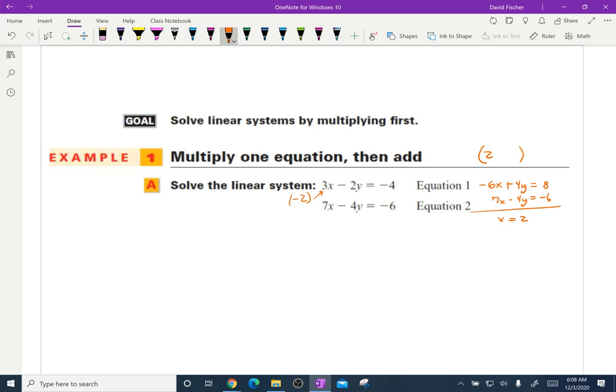So now let's go in and plug it in. Again, it doesn't matter which one you plug the 2 in. You just have to put it into the equation correctly. So I'm going to do the first one.